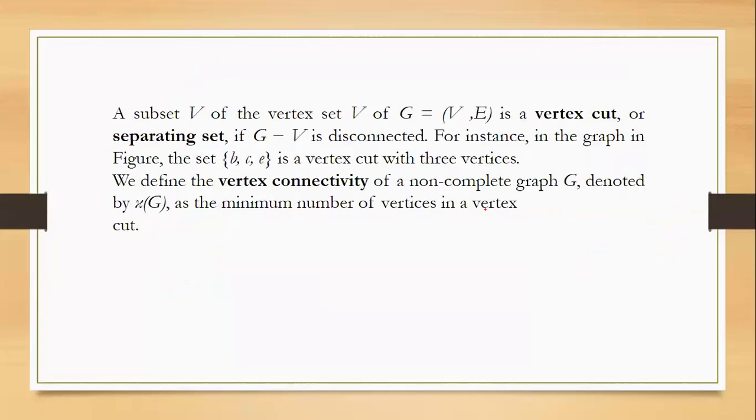Now after that, we have vertex cut and vertex connectivity. It is not really important, but for familiarity, we'll see the definition. A subset V of the vertex set V of G is a vertex cut or a separating set if G minus V is disconnected. For instance, in our graph, the set DCE is a vertex cut.